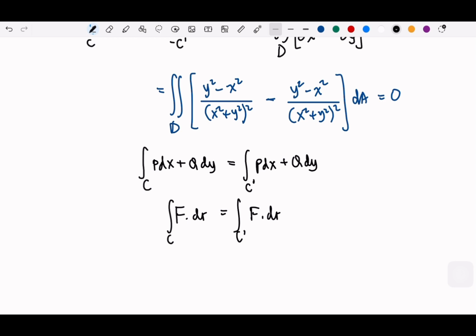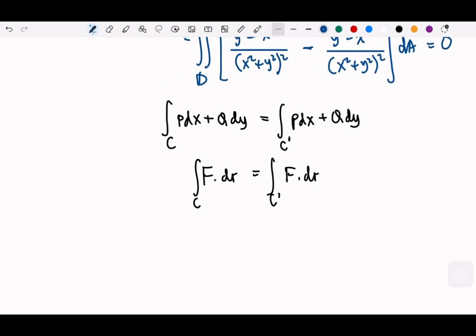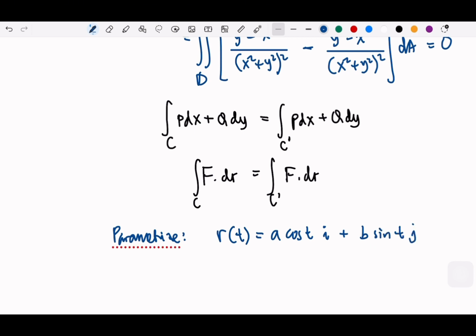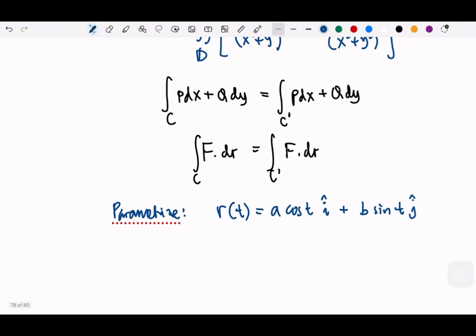If we parameterize that, we have the vector r equals a cosine t plus b sine t, and stated that it's from 0 to 2 pi, for the circle in the middle.